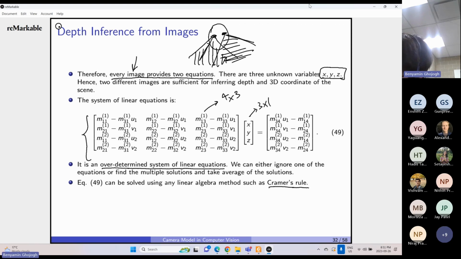Those people can only understand the depth of the overlap of the two eyes. Therefore, if there is some object in a place where the other eye can't see, then that person can't find out the depth of that object. Only where they have the overlap can they find out the depth.